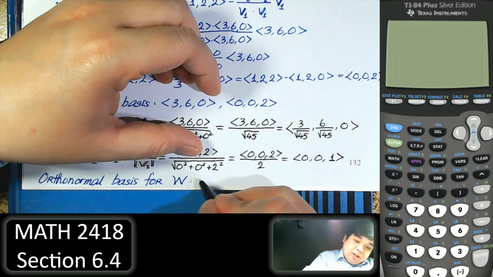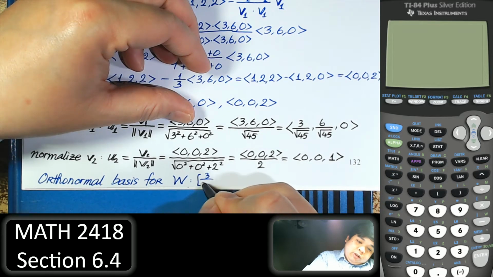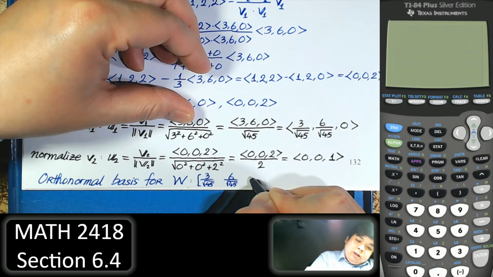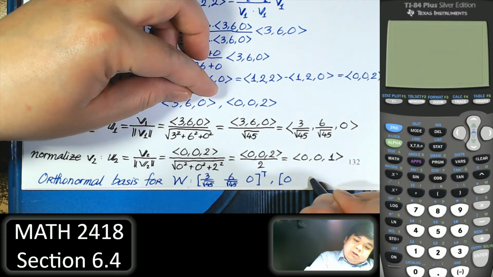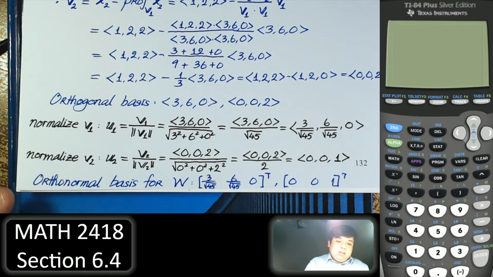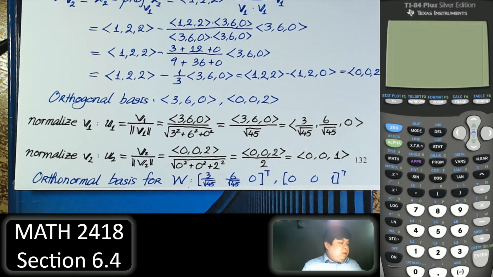If I want to write it as a vector, we can just say 3 over square root of 45, 6 over square root of 45, 0 transpose, and then 0, 0, 1 transpose. We can write that as a vector, or like that, or just with that notation. Right, when we have two vectors, that should be easy.